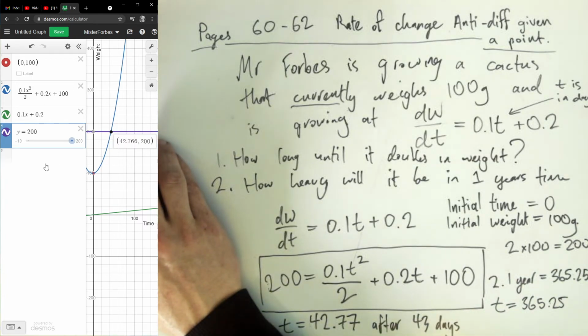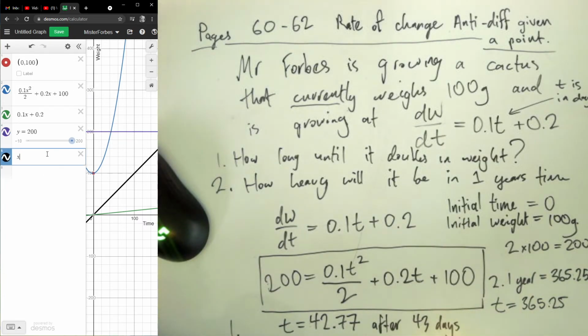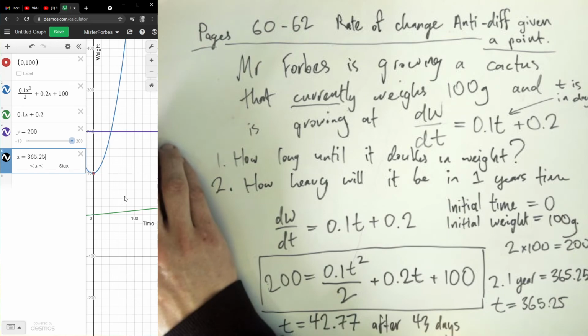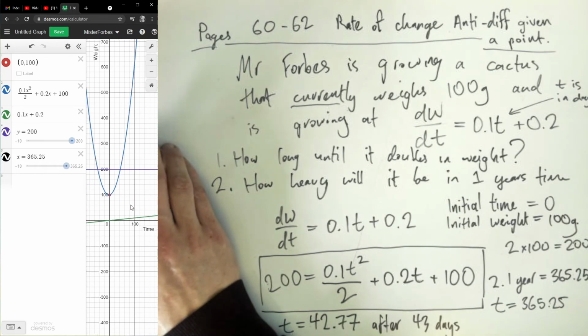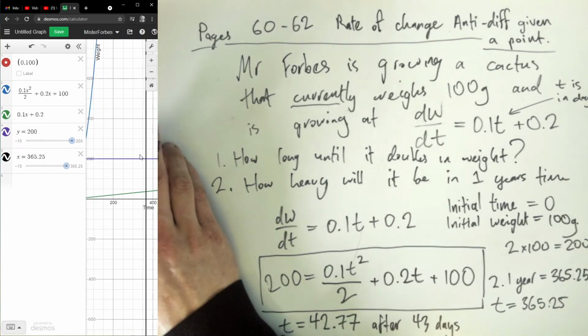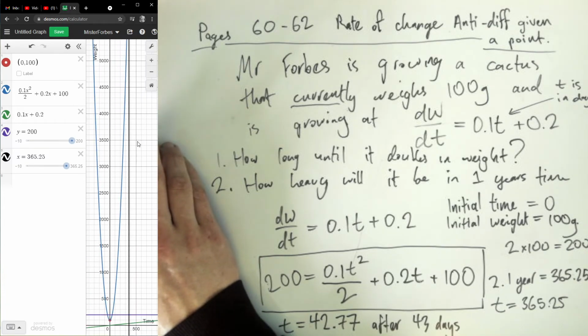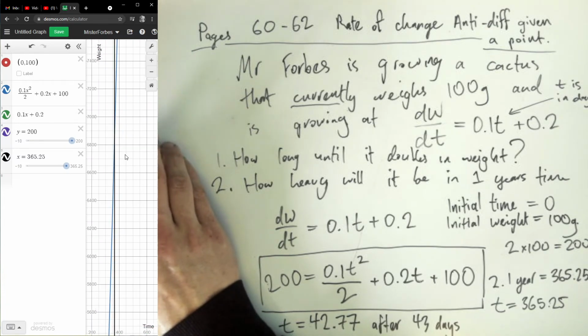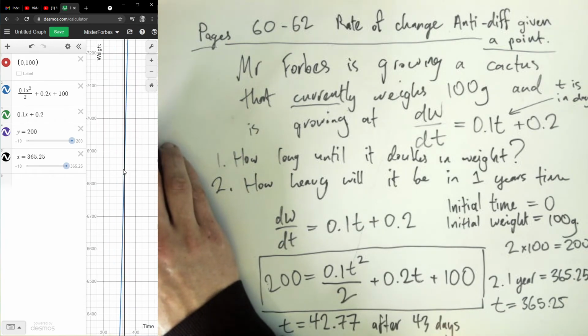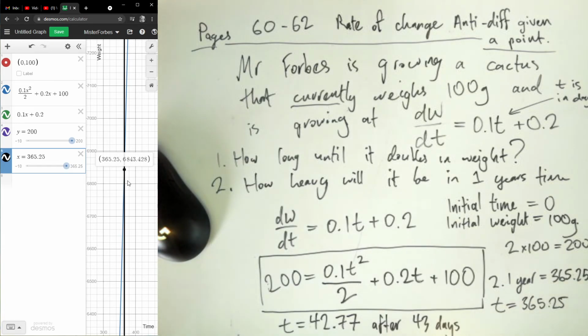As you know, I'm in a lazy mood today, so let's just cheat. x equals 365.25. So let's have a look when that happens. In 1 year's time, this is a very accurate, very scientific approach, our cactus will be 7 kilograms.